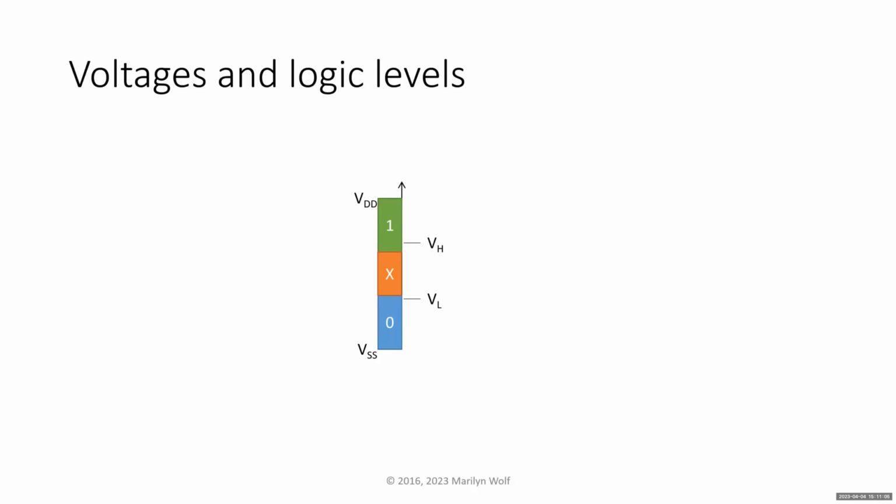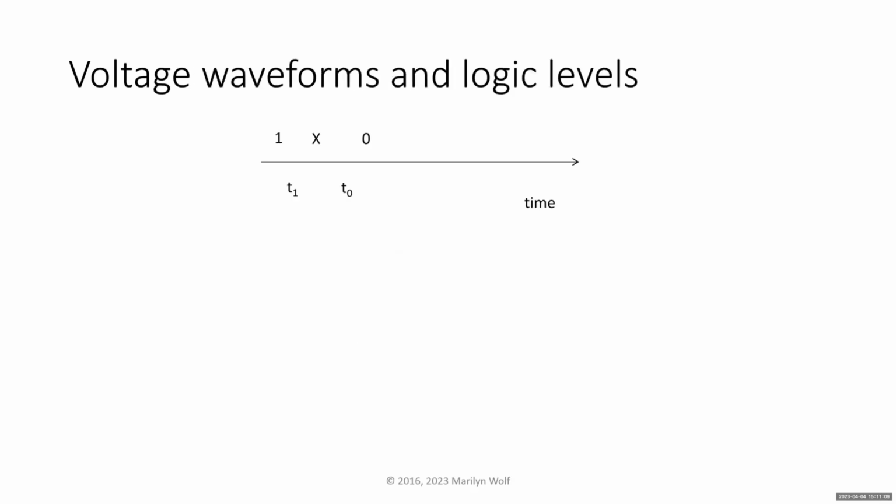Okay. We can start to think about how those logic levels play out with time. So we have a time axis here. We can look at this in the discrete space where we start at a 1, go through X, and go to 0. We can then look at the continuous signals that are actually what the logic signals constitute on chip.